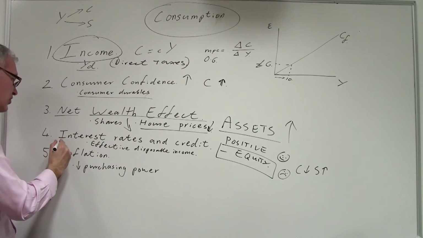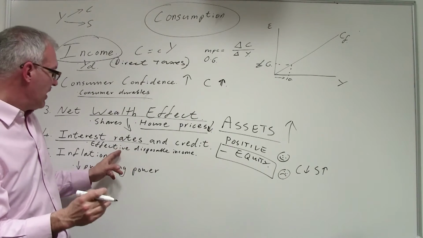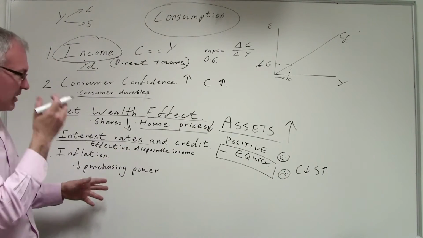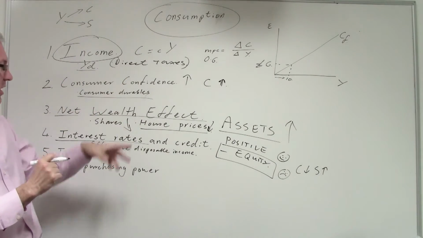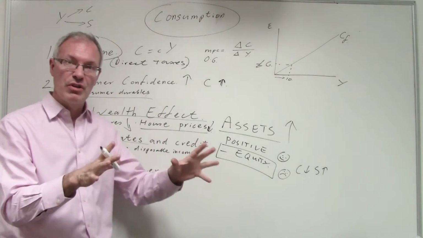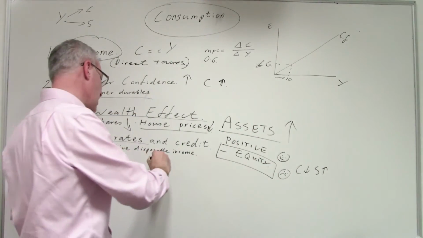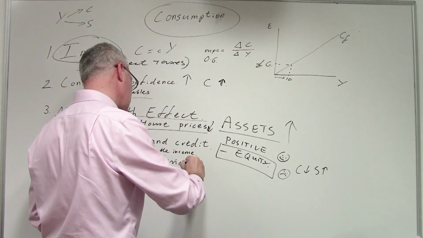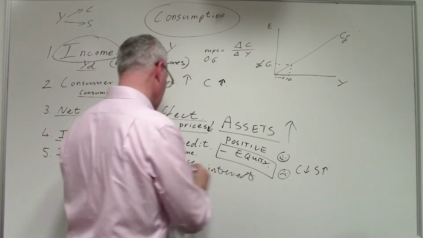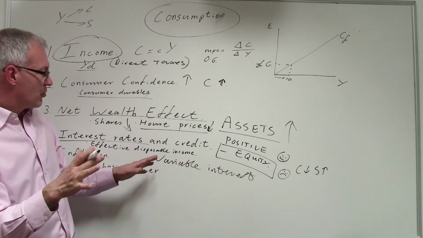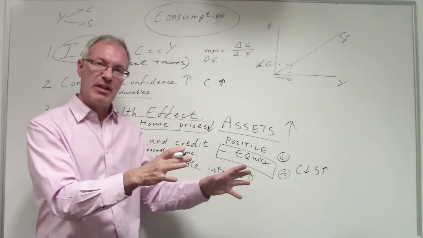And another area that's important is interest rates. Your effective disposable income is basically your income after you've paid your direct taxes and after you've paid your mortgage. A lot of people pay a mortgage. The mortgage can be a variable interest mortgage, where the mortgage rate goes up and down with the interest rate set by the Bank of England.